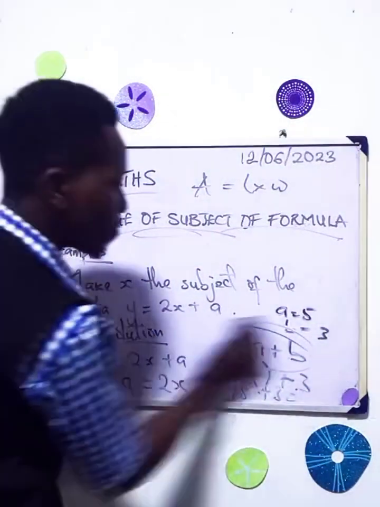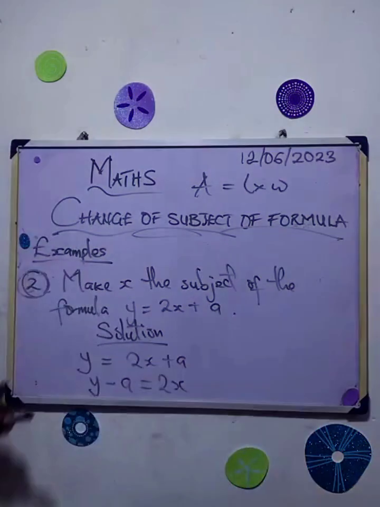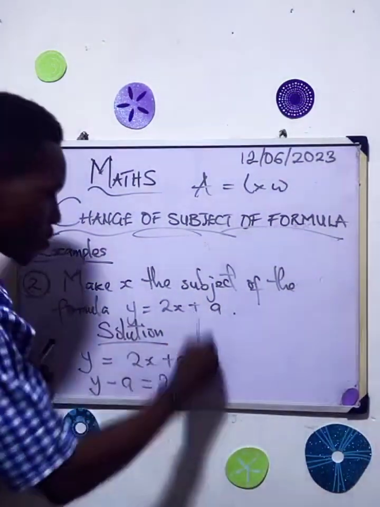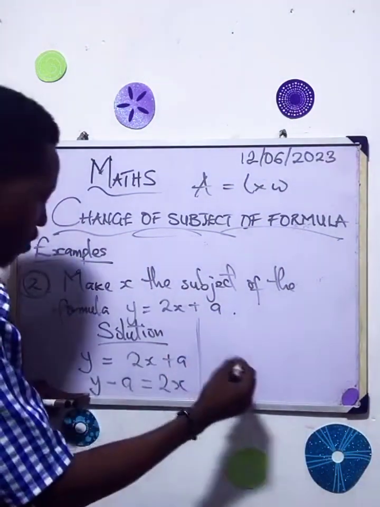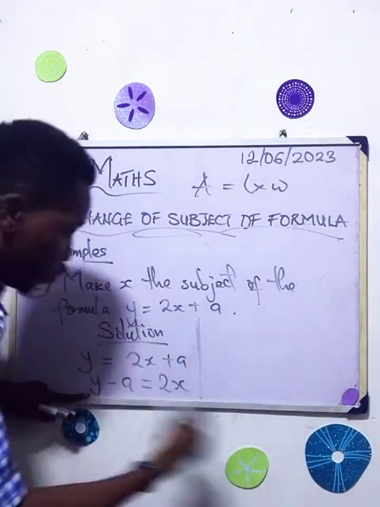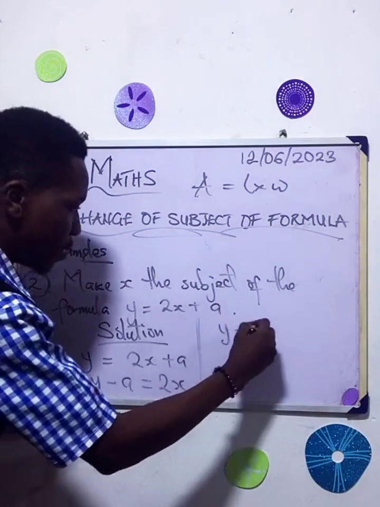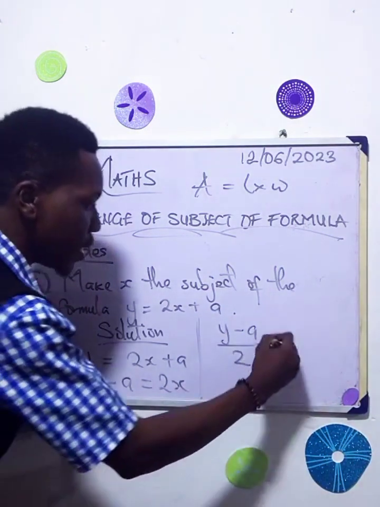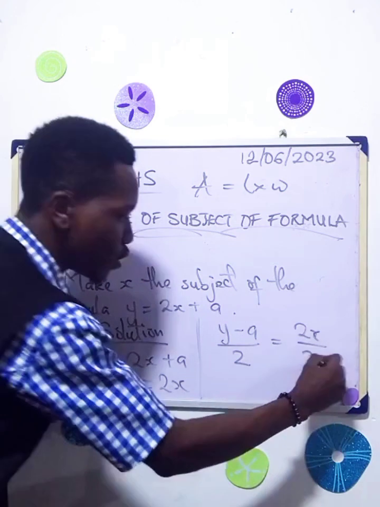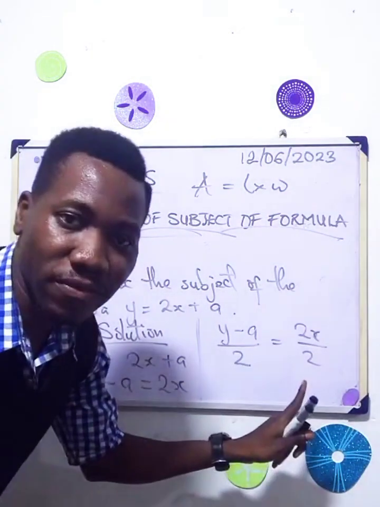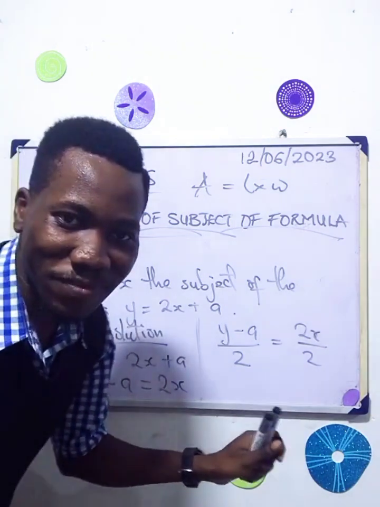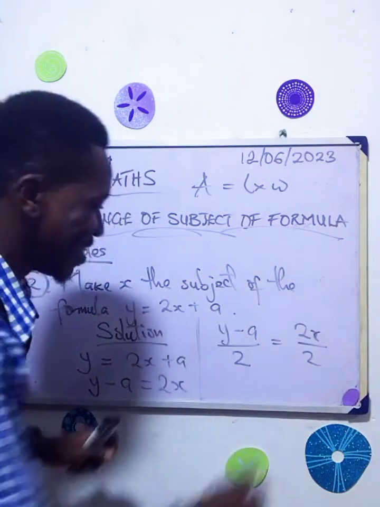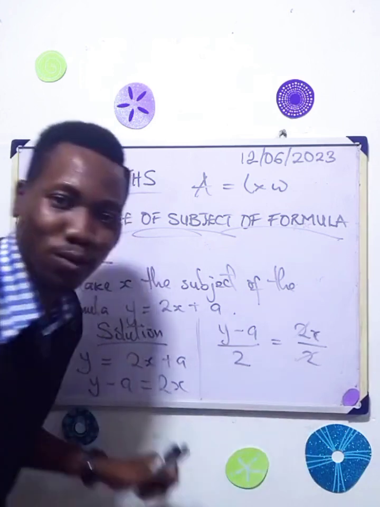So dividing both sides by 2, we're going to have y minus a all over 2 equals 2x all over 2. This is what we have. Then what's the next thing? Now 2 will cancel 2.